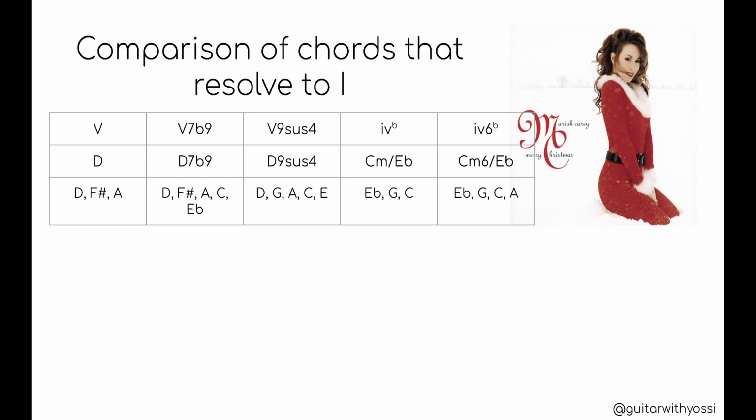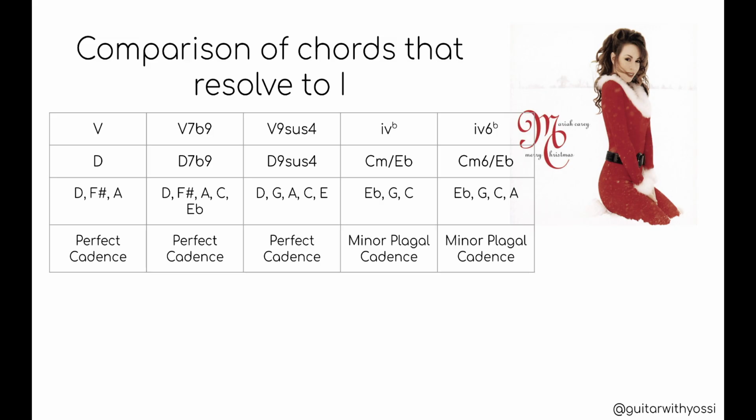I think of it as less tense than the others, it's more open sounding. We've got our 4 in inversion, minor 4 in inversion, and we have our minor 4 6 in inversion, which adds the A. And they all go back to 1.